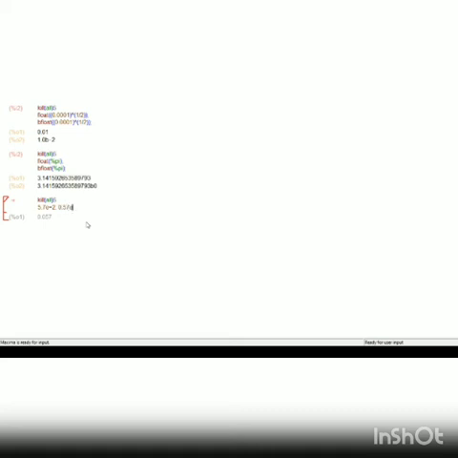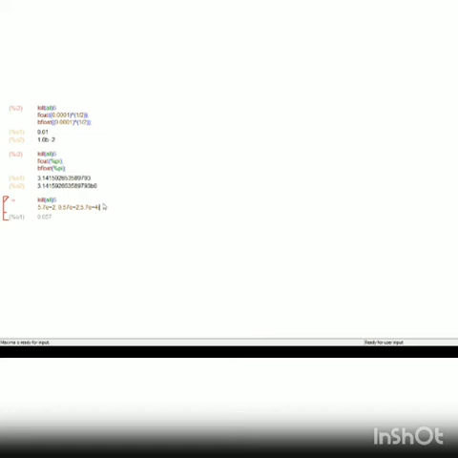0.57 E to the power of minus 2. Already it is in the decimal form. Now 5.7 E minus 4. Remember, there is no space here. And sorry, I have to use semicolon because I want to display. I should not use comma.